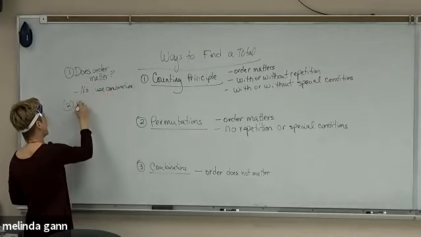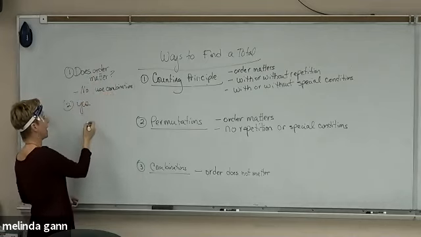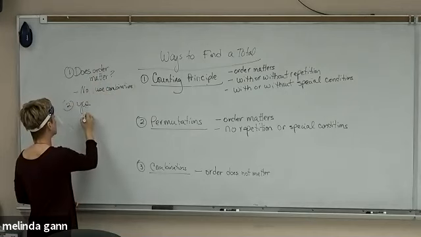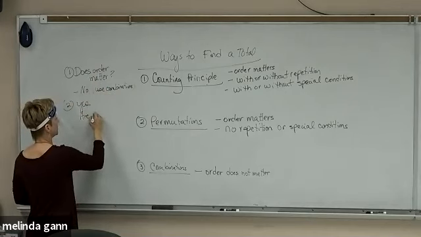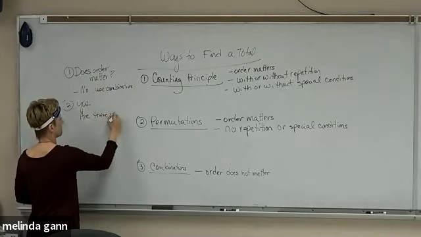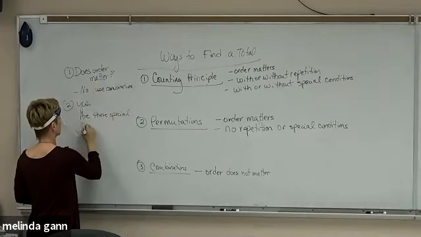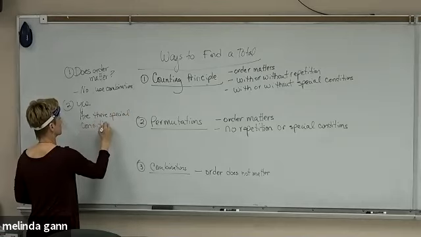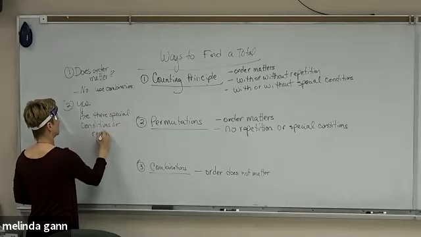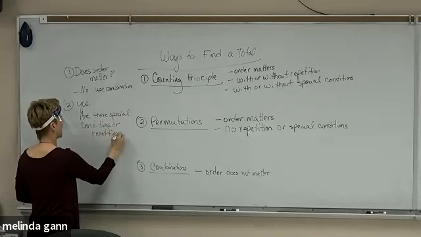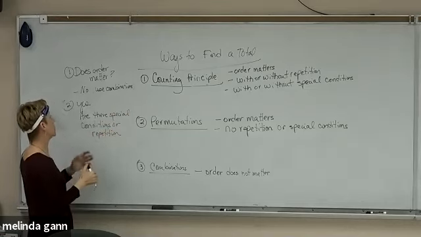If order does not matter and the answer is no, then you use combinations. Now, if the answer is yes, you got another question to ask. And that is, are there special conditions or repetition? And again, you're either gonna get a yes or you're gonna get a what?